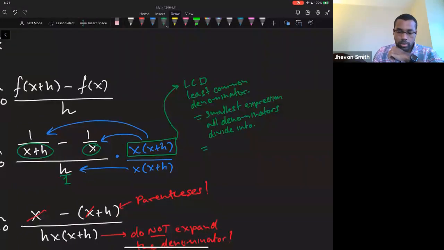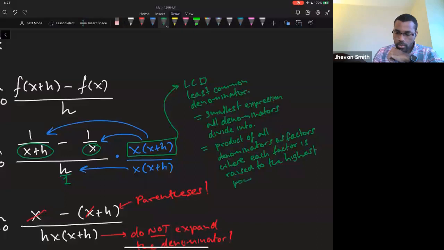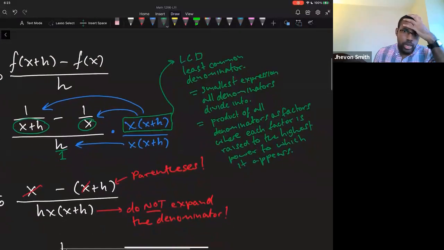That's going to be the product of all denominator factors where each factor is raised to the highest power in which it appears. So that's the LCD.